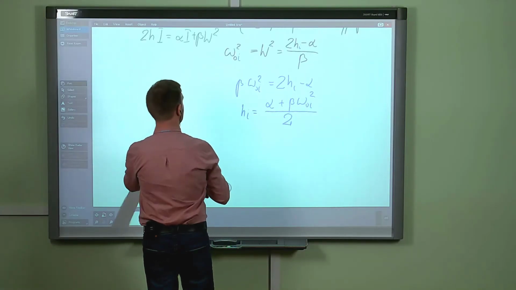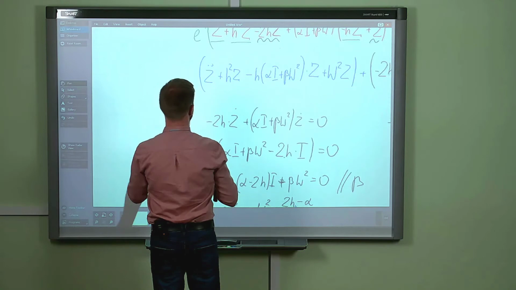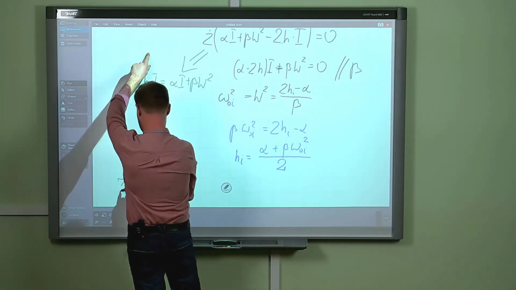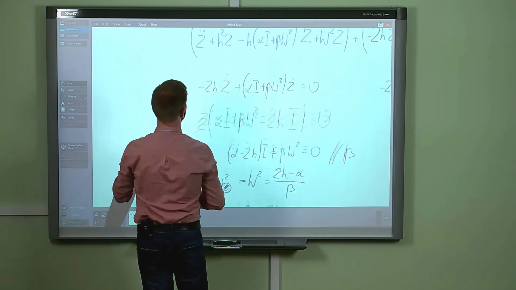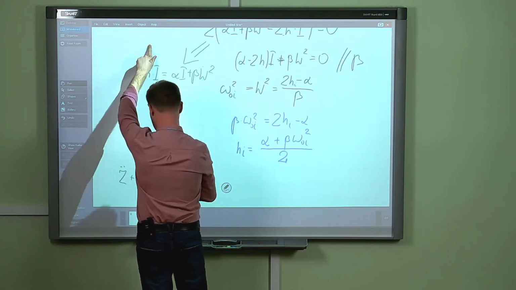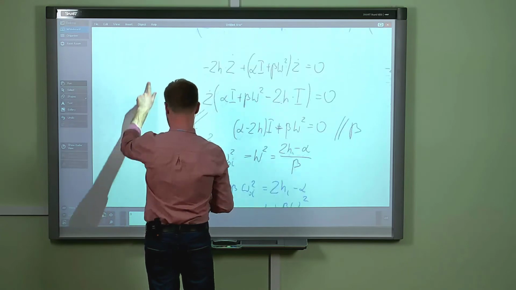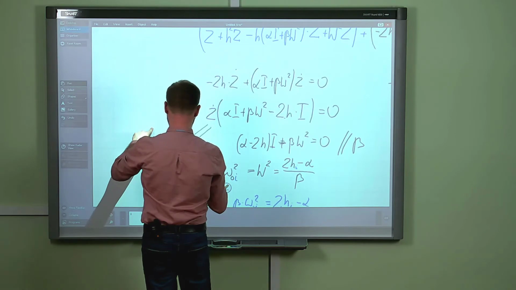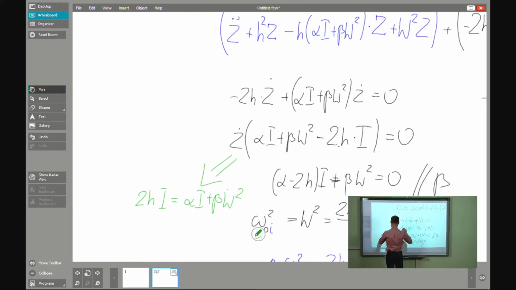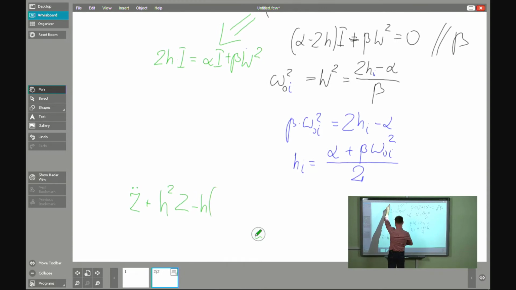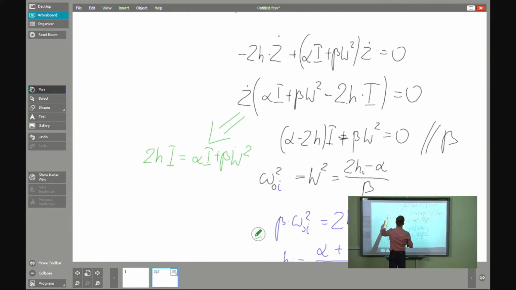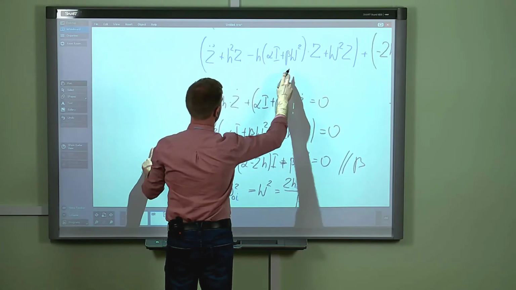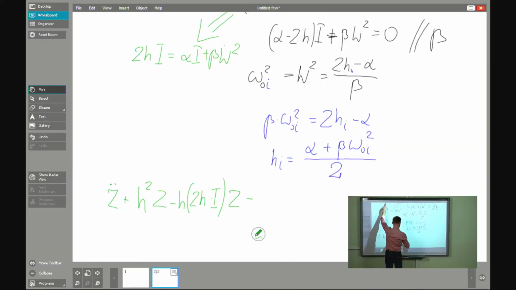What we'll get as a result, I have to look at our previous equation. We have the z double dot plus h square z minus h, but this time we will replace that term with 2h times I, and everything will be multiplied by z, and we have to add also w square times z.